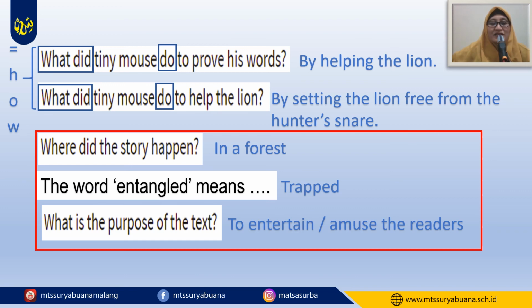The setting here can be the place or the time. And also questions about the detailed information from the story.